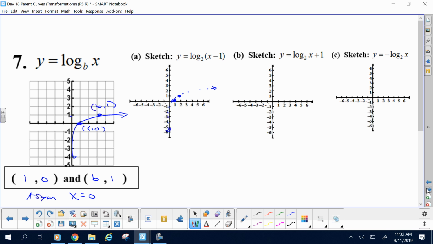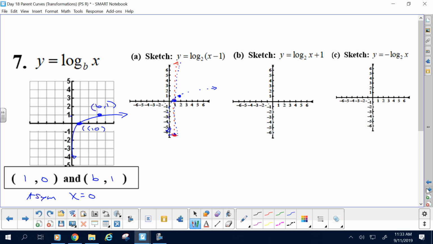And what does the 1 do? To the right 1. So let's start with the asymptote. Isn't the asymptote going to be shifted right 1? So now you're going to have an asymptote, instead of at the y-axis, at x equals 1. Yeah?